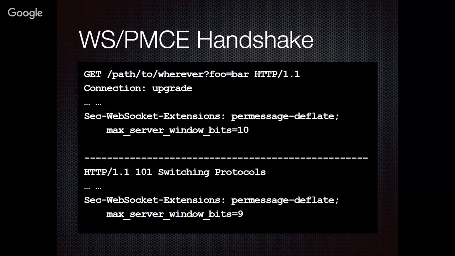The server says, you're in luck, because I'm only going to use 9 bits to compress my stuff. Which is nice, because then the client can say, oh, you're only going to use 9 bits, I can save a bit of memory usage from that. What would that be, 16,384 bytes or whatever. 16K.